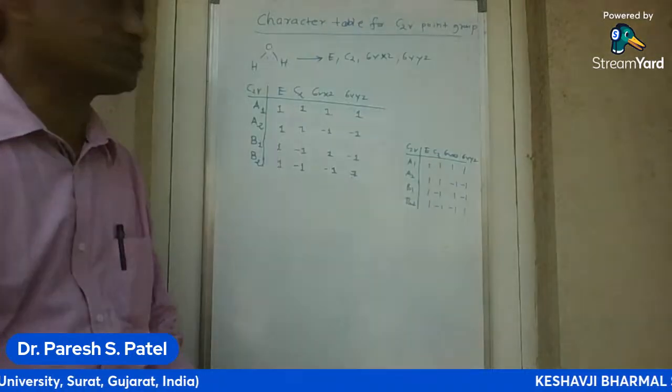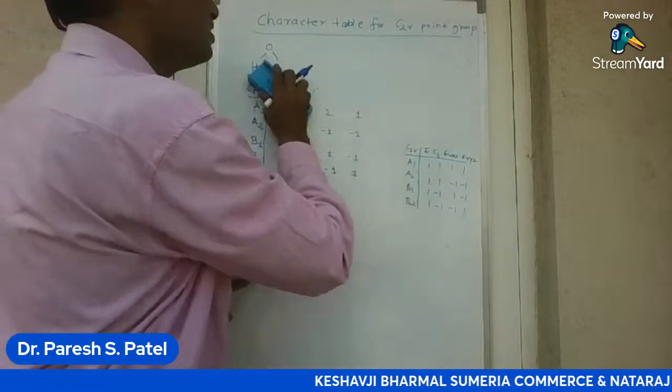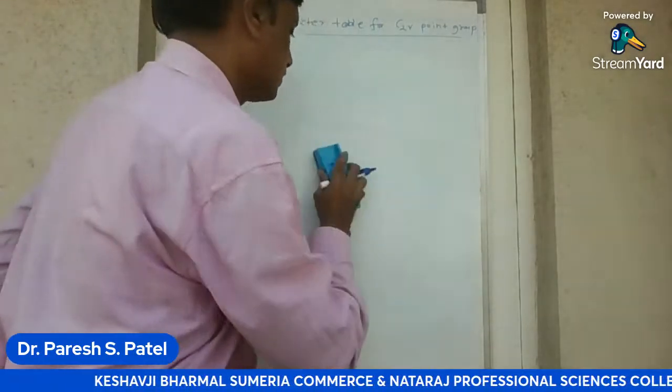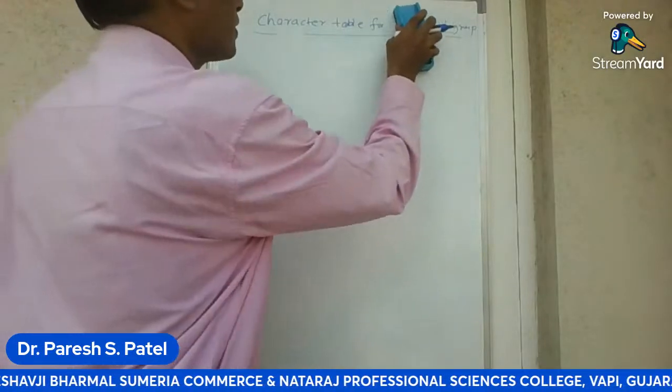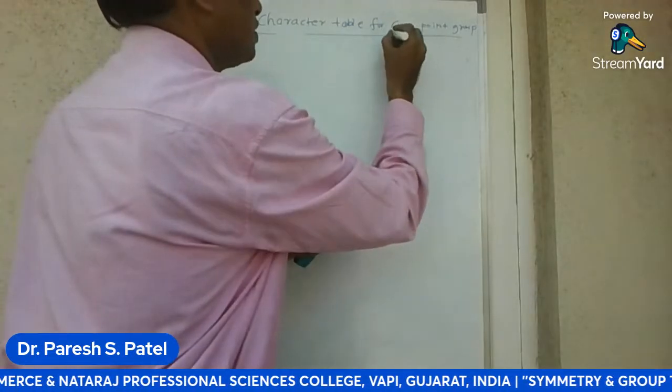So dear students, this is the most important question for you. So next one. Construct a character table for C3V point group.